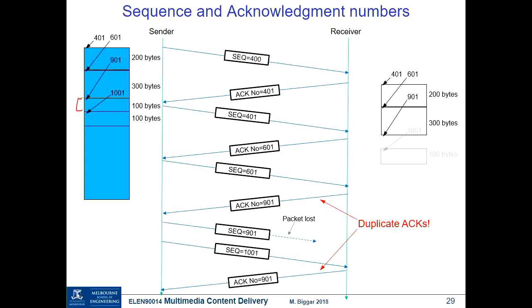Anyway, that's to explain how the sender can be aware that there are packets that have been lost, and how it can know when to retransmit. And if you think about waiting for 3 or 4 duplicate acknowledgements, that's quite a few round trip times that would be involved before the retransmission.